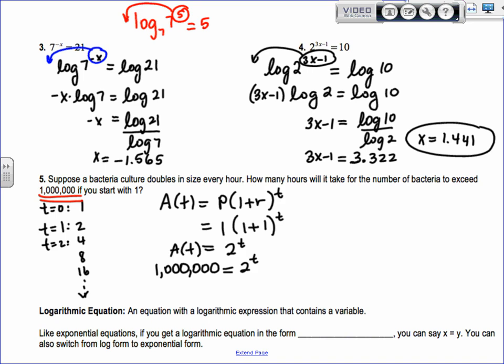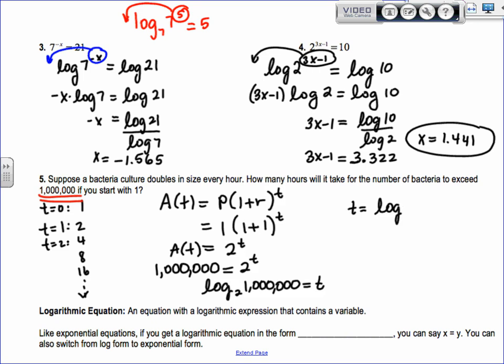All right, so we have 1 million equals 2 to the t. And we now know how to solve this. We have a variable as an exponent. Whenever that happens, we need logarithms. So we can either switch forms or we can do the log of both sides, whatever you want to do. So let's say this time we switch forms. Then it would be log base 2 of 1 million equals t.